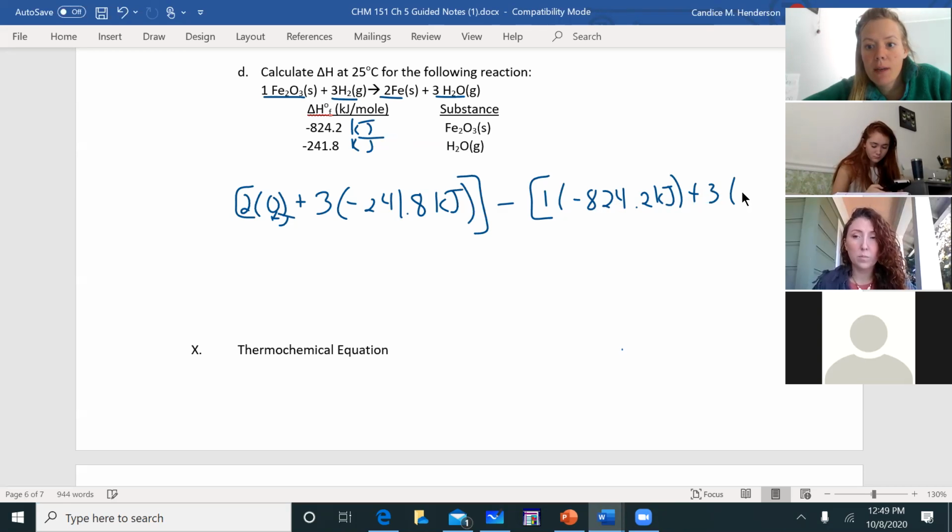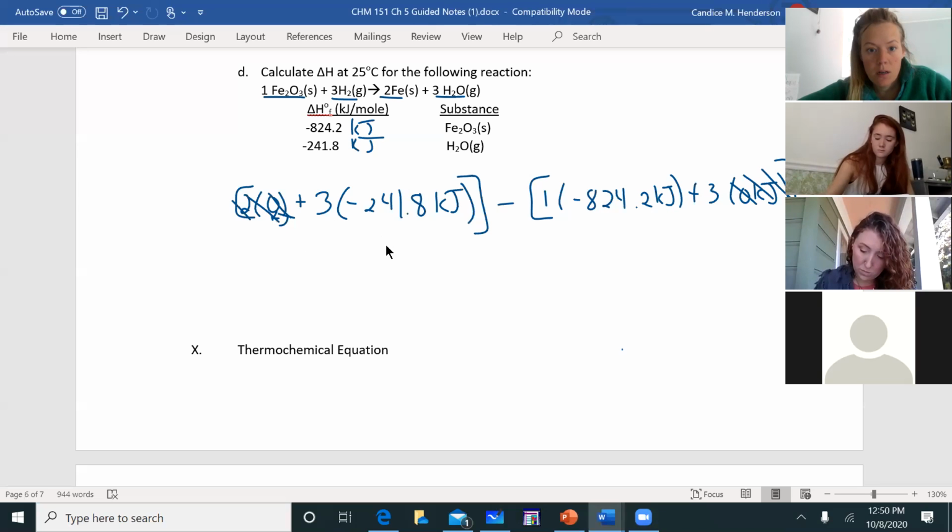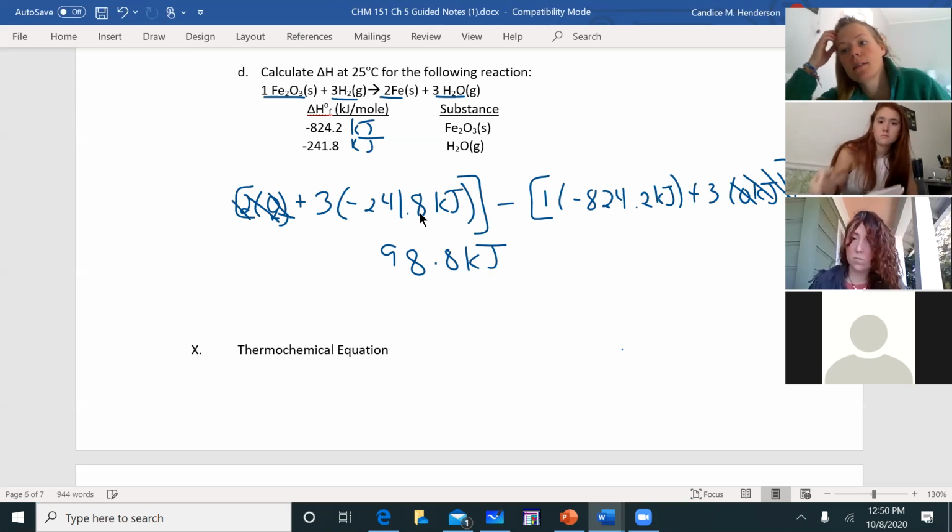So we've got 3 of them, and that's going to be 0 kilojoules. And so we can just ignore these things here. And when we run this through our calculator, we end up getting a positive number. So 98.8 kilojoules.